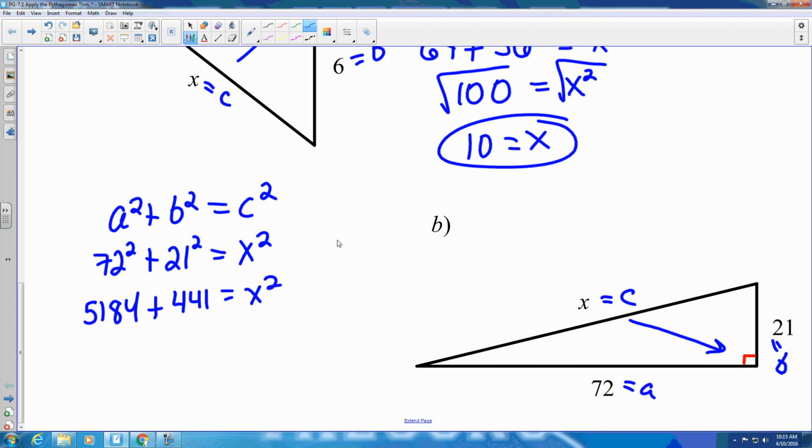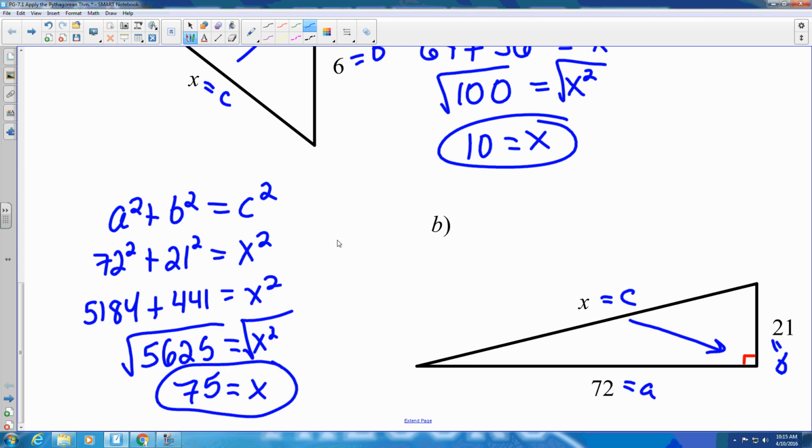So 5,184 plus 441 gives me 5,625, which equals x squared. Final step, take the square root of both sides, and the square root of 5,625 is 75, so x is 75. Okay.